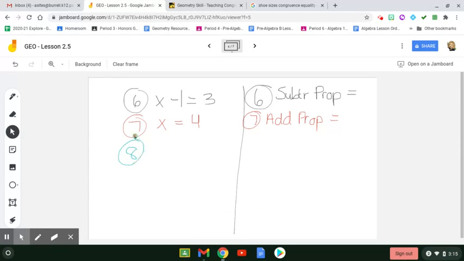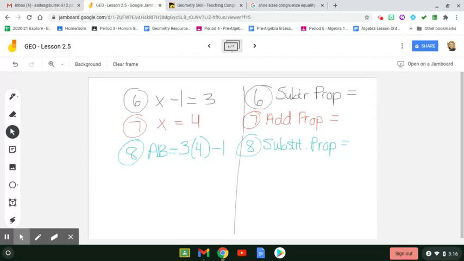So I'm going to say AB is equal to 3x minus 1. I know x is equal to 4, so I'm going to say 3 times x, which is 4, minus 1. And I'm going to say that that is, again, the substitution property of equality. And since, again, I'm using equal signs, I'm allowed to use this property.